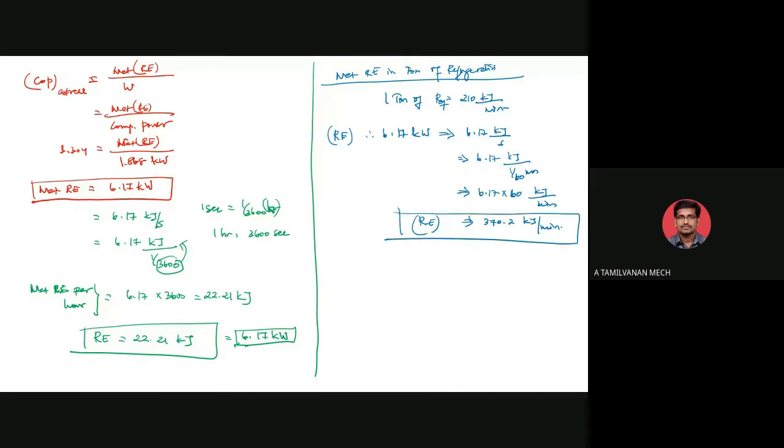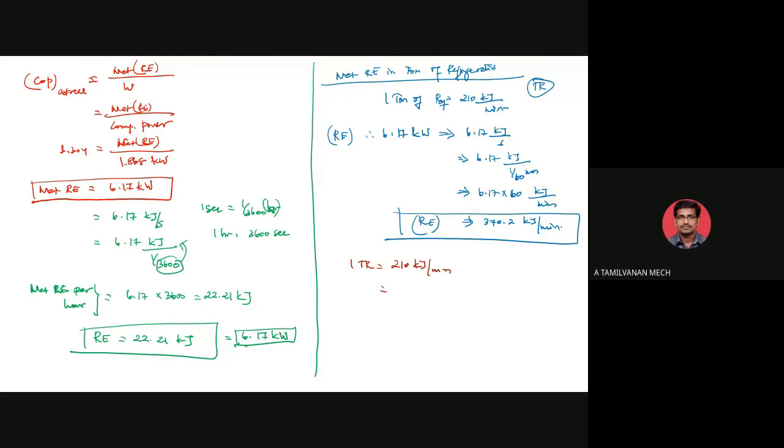Then how much TR do you obtain? How much cooling effect do you obtain in ton of refrigeration? Ton of refrigeration is represented by TR. From the formula, 1 TR is equal to 210 kilojoule per minute.